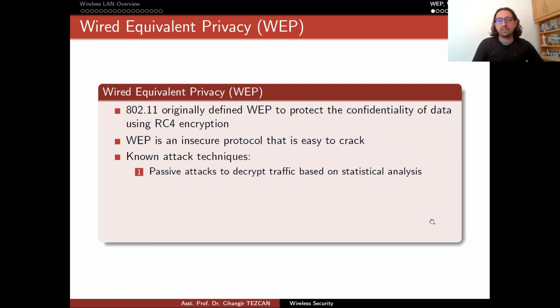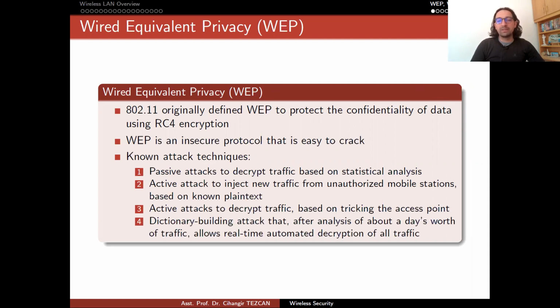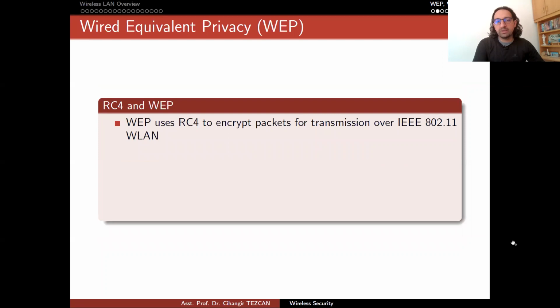Passive attacks to decrypt traffic based on statistical analysis, active attacks to inject new traffic from unauthorized mobile stations based on known plaintext, active attacks to decrypt traffic based on tracking the access point, and a dictionary-building attack that, after analysis of about a day's worth of traffic, allows real-time automated decryption of all traffic. These actually somewhat improved, and currently we have better attacks, which I'm going to talk about in a minute.